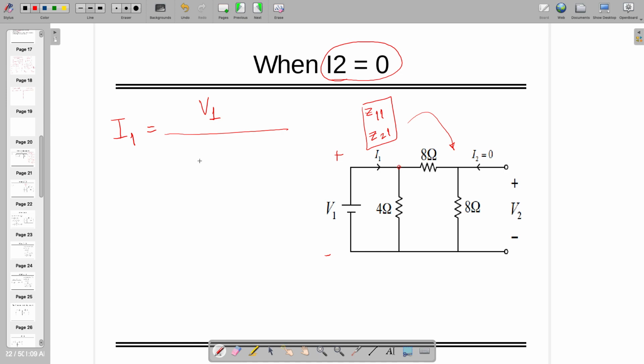Divided by 4 plus 8 in parallel with 8, right? Now, no problem, there is no current I2, so this will not alter things, right?